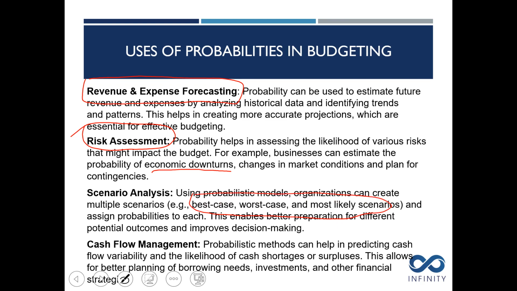You will be able to do this if you know the probabilities of each of these cases happening. And cash flow management, that we have seen in the previous slide, how we can estimate our cash flow that may occur in future. For all this you can use probabilities, and that's the end of this chapter.